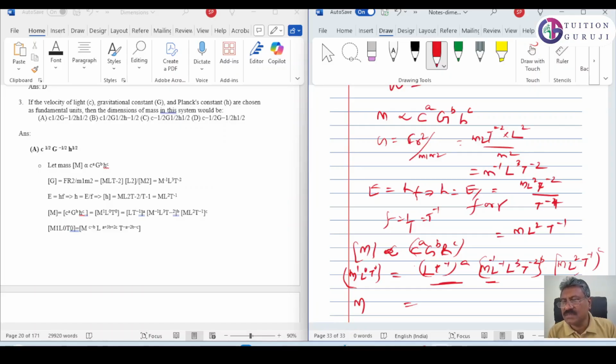We have written it wrongly. It is M raised to minus 1 L cube.